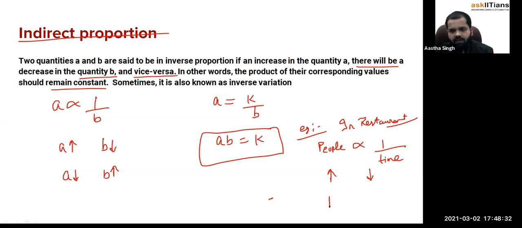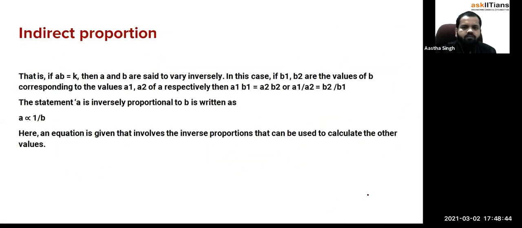And if the people decrease, then the time to complete that job will be what? It will be higher, or it will take a long time. So this is what direct proportion and indirect proportion was. This is what is written here: A is inversely proportional to B.